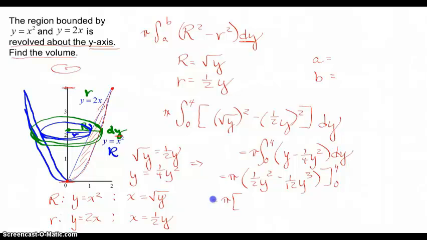So we have pi times 1/2 4 squared minus 1/12 4 cubed, and then minus, we only have y's. It's not the quantity y plus or minus anything. It's just y. So when I plug 0 into both of those terms, they do indeed go to 0.